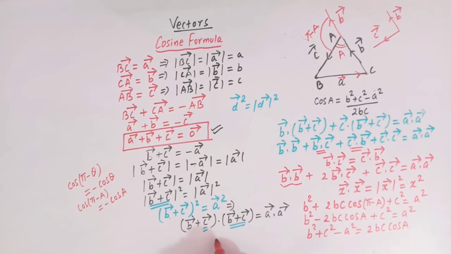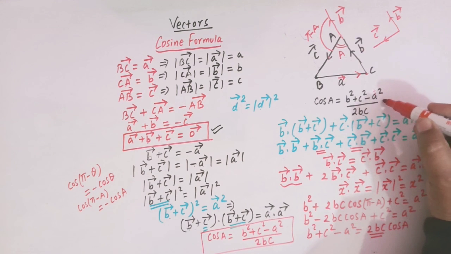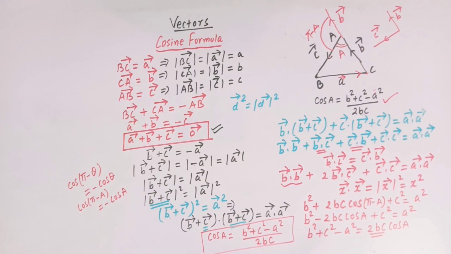Now we can write cos a is equal to, taking this term to the denominator, b square plus c square minus a square over 2bc. And this is the cosine formula. So out of the three cosine formulas, we have derived this formula using the concept of vectors.